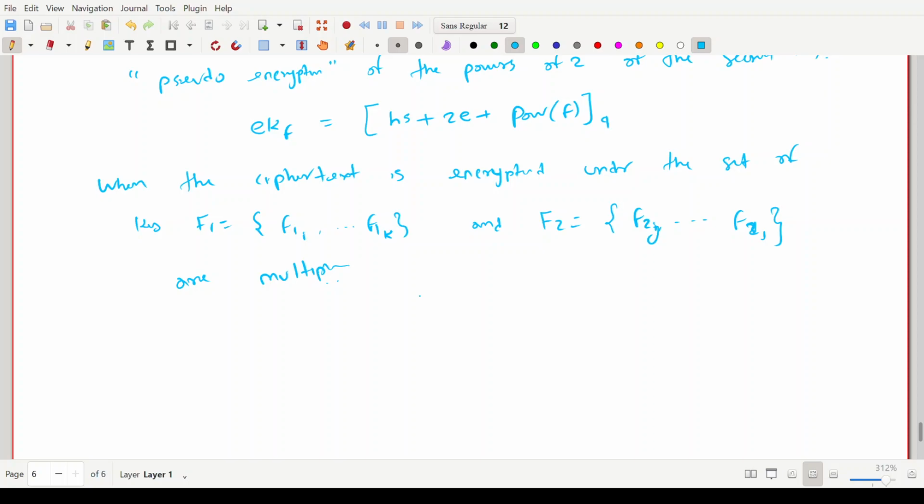So if they are multiplied, then what happens?